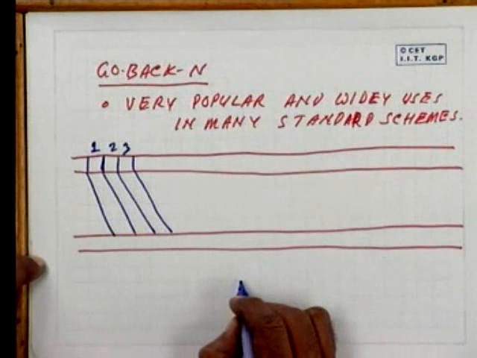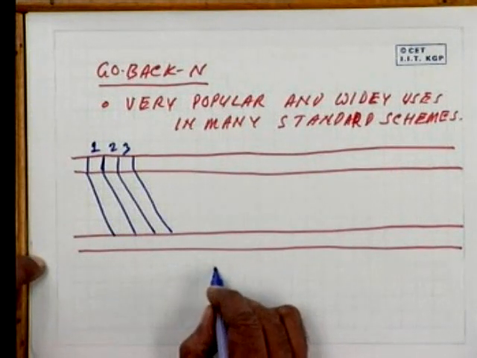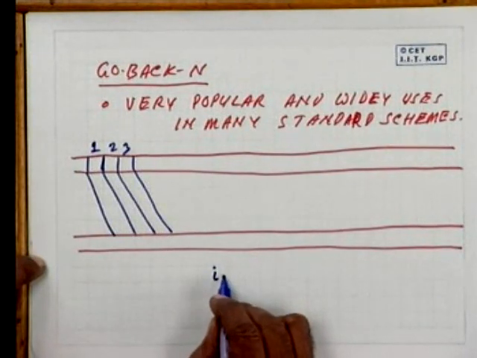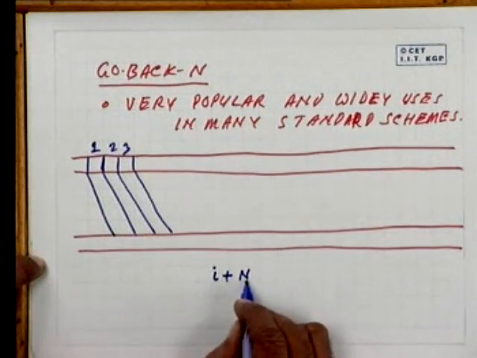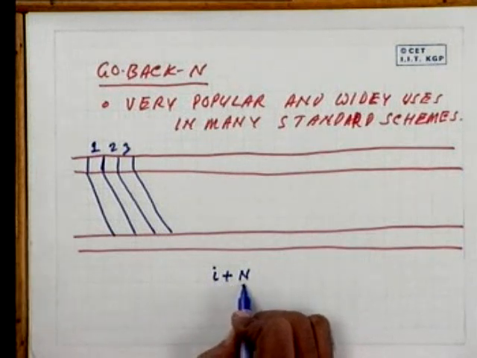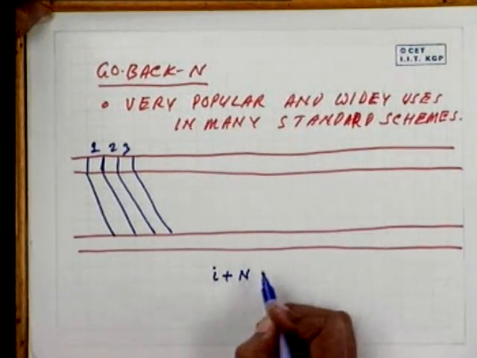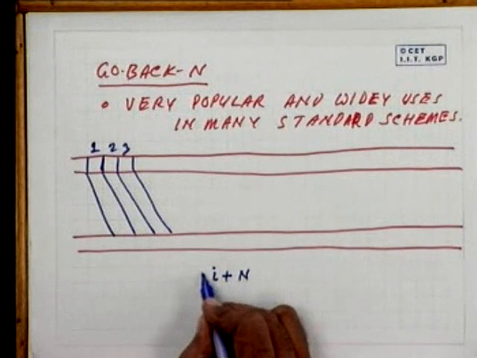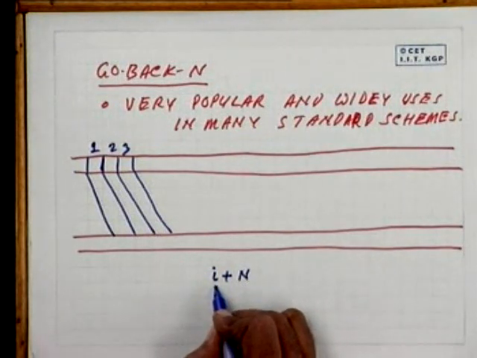Let's assume the present frame number is I. It can send up to n frames without receiving an acknowledgement for I. That means n additional frames can be sent before the acknowledgement for frame number I is received.